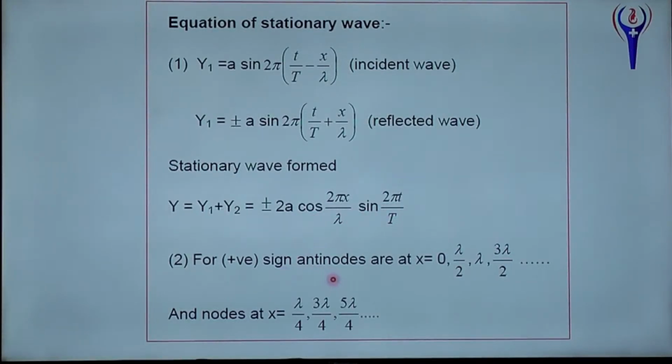For positive sign, antinodes are at x equal to 0, lambda by 2, lambda, 3 lambda by 2, etc., and nodes at x equal to lambda by 4, 3 lambda by 4, 5 lambda by 4, etc. Suppose the waves are formed like this, then we can say this point is node and this is antinode: node, antinode, node.